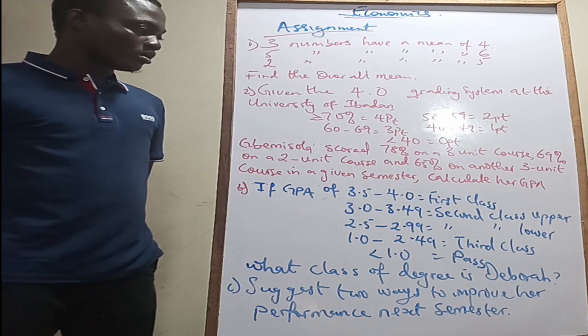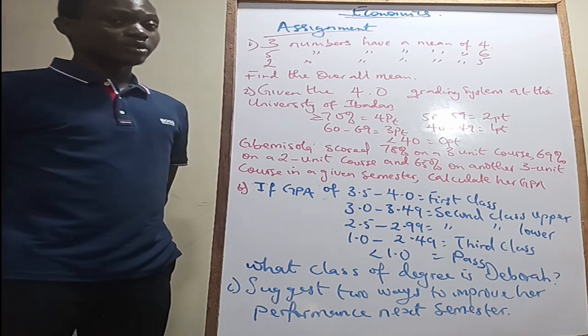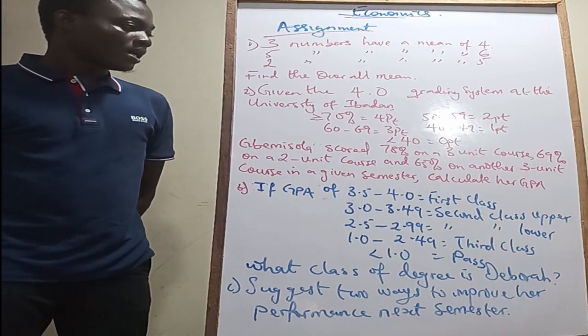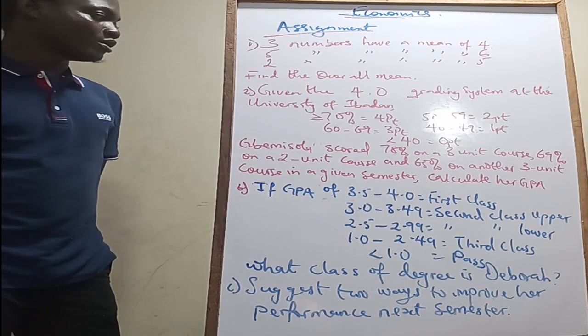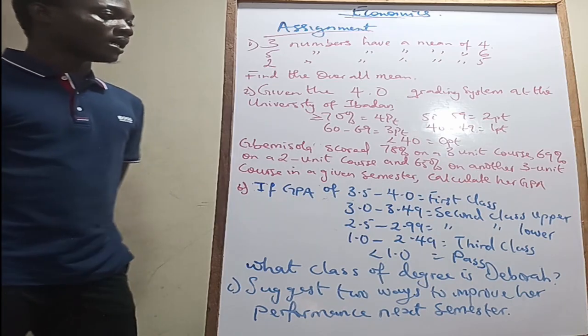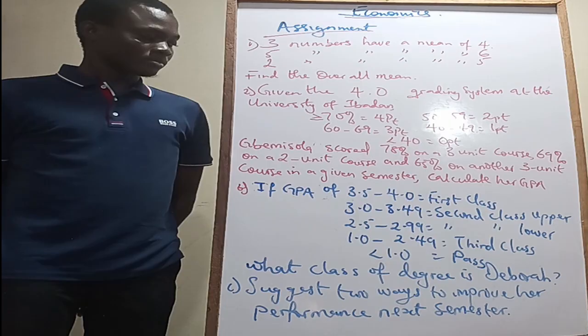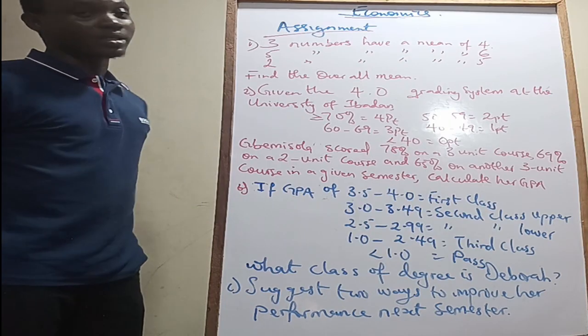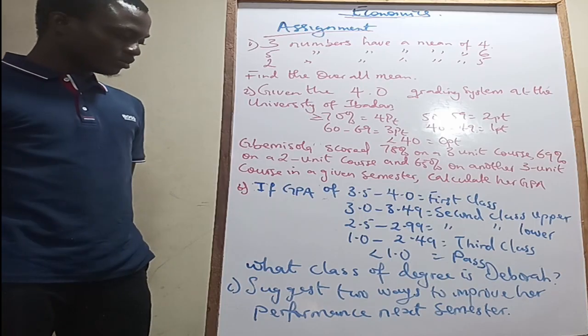Solar scored 78% on a 3-unit course, 69% on a 2-unit course, and 65% on another 3-unit course in a given semester. Calculate the GPA. Basically, it's talking about the weighted average, so you should know what to do.